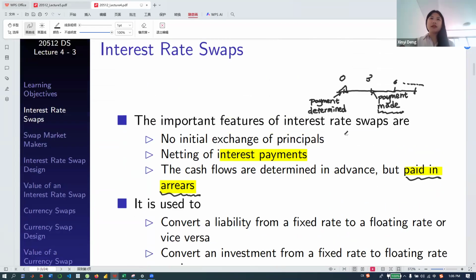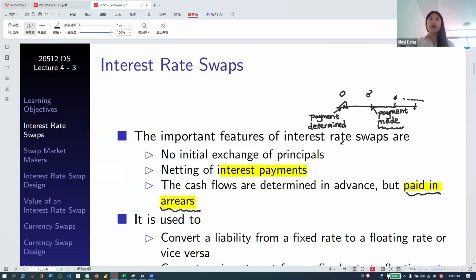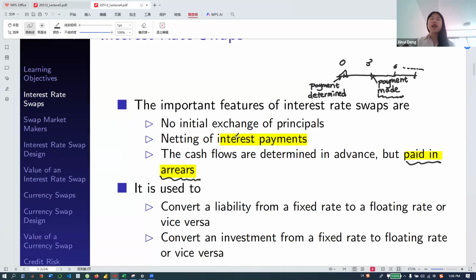So this is an overview of interest rate swaps. It has those 3 key features, and it is used to basically just convert the interest rate risk exposure. So you will be converting a liability from a fixed rate to a floating rate, or vice versa. And you will be converting an investment from a fixed rate.